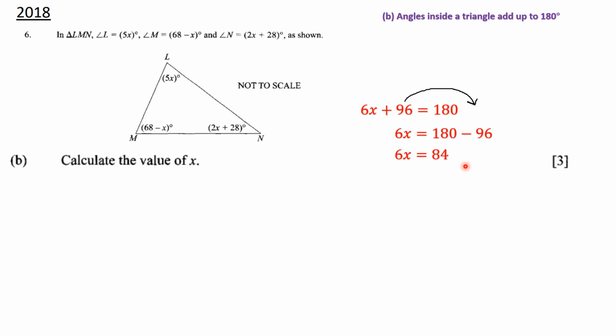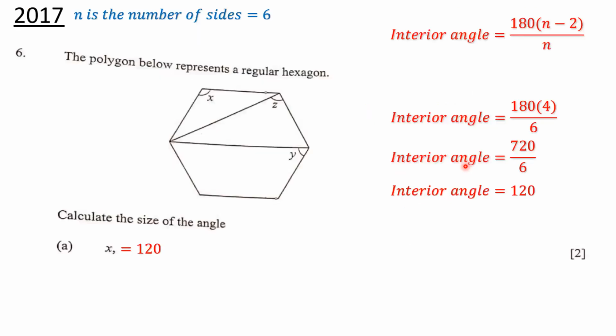Next, we have to divide both sides by 6. We cancel here, we cancel there. So x is going to be equal to 84 over 6, and 84 divided by 6 is equal to 14. So x is going to be equal to 14. Okay, moving right along, let's have our next question.